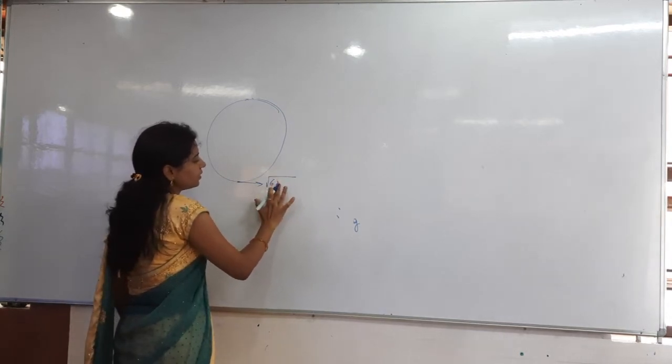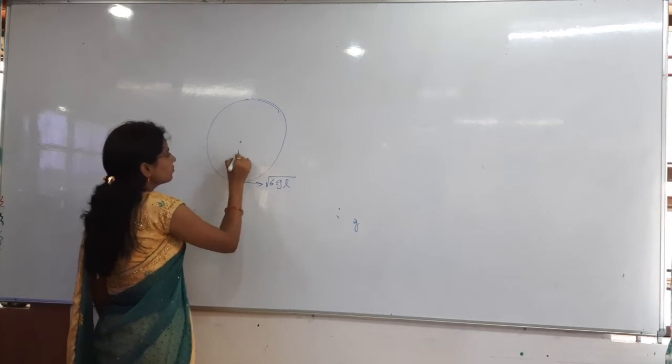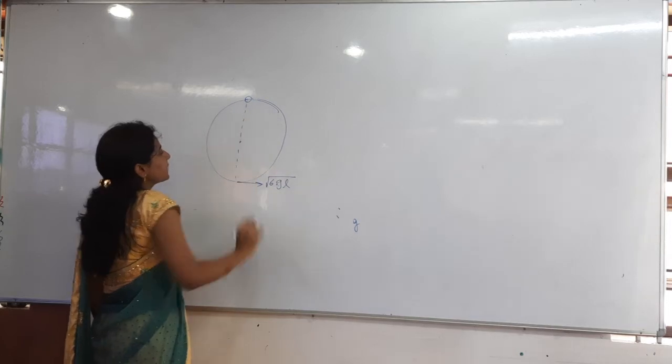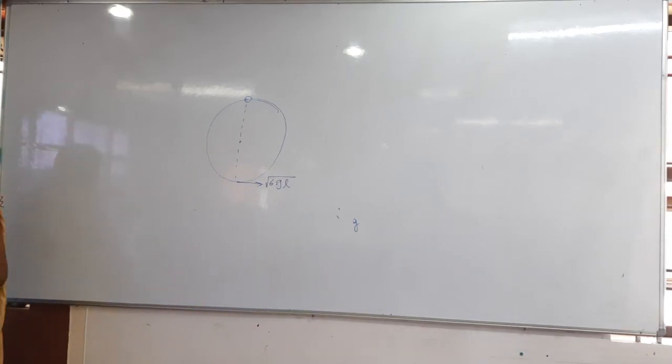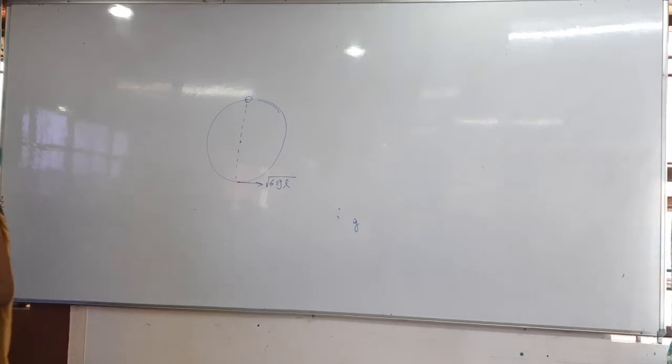Here I have given everything different. Don't take the velocity as root gl at the topmost point. That is not root gl now.